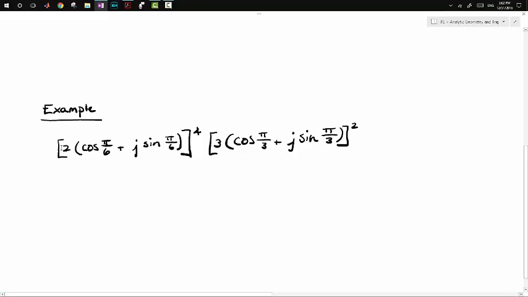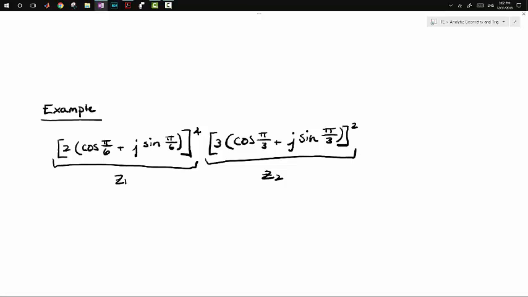There are two complex numbers. Basically, we're going to have to apply de Moivre's theorem, or de Moivre's equation, to each of these terms. So I'll call this first one z1, and I'll call this second term z2. We'll compute each of those individually using de Moivre's theorem and then multiply them together.